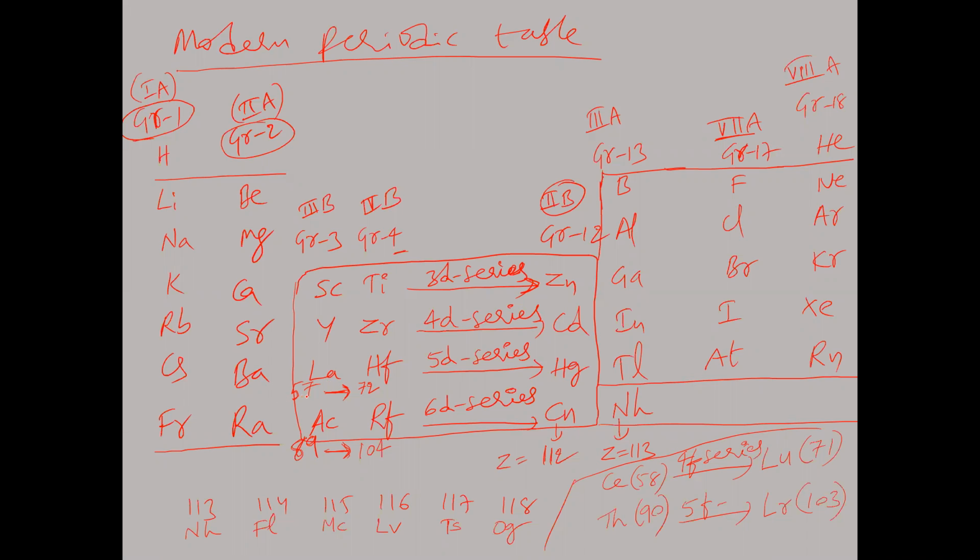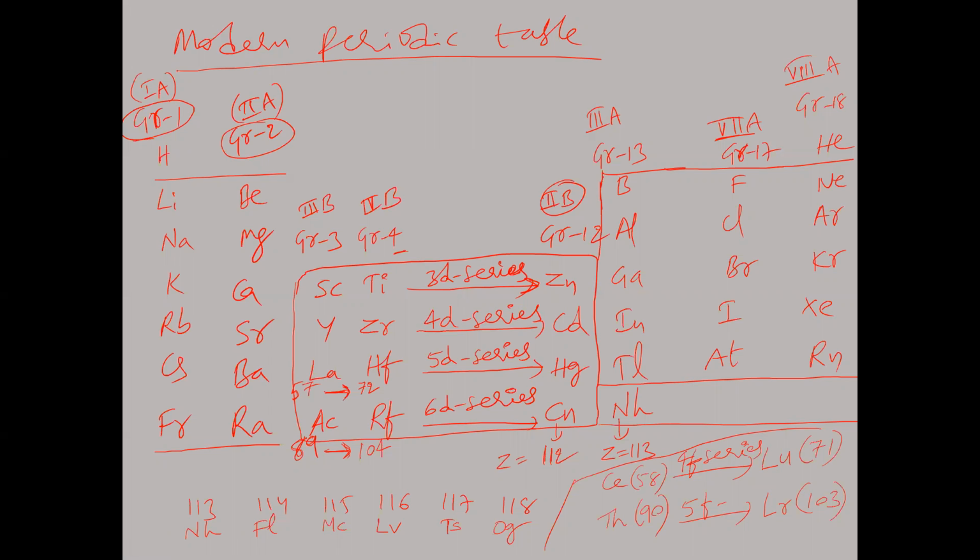But in the main body of the periodic table, we cannot show a 3-dimensional arrangement. That's why we have placed these elements, 58 to 71 and 90 to 103, all 28 elements, at the bottom of the periodic table in the form of F block elements, which are called inner transition elements.